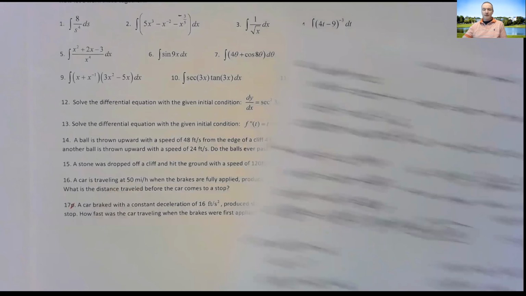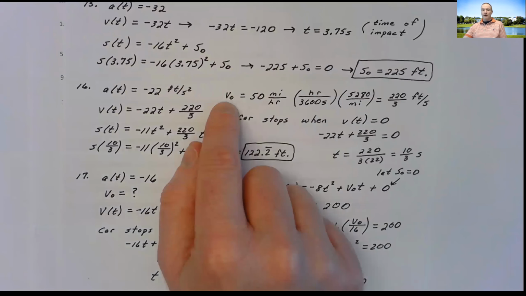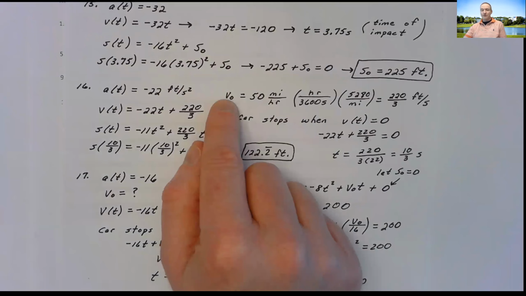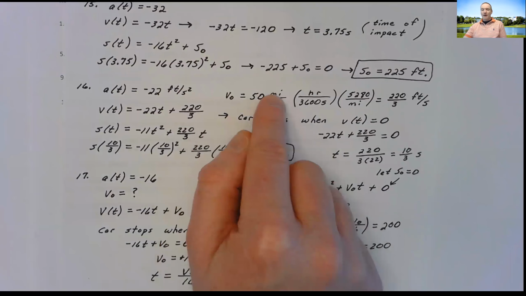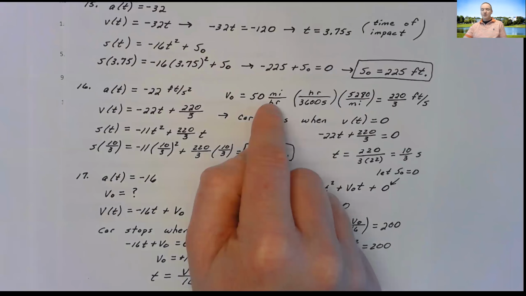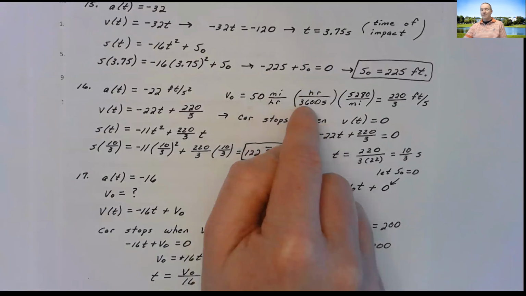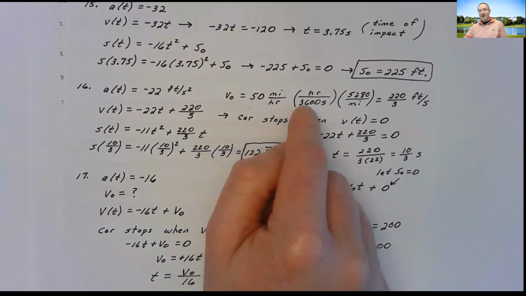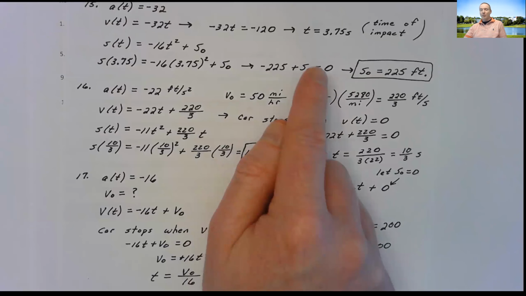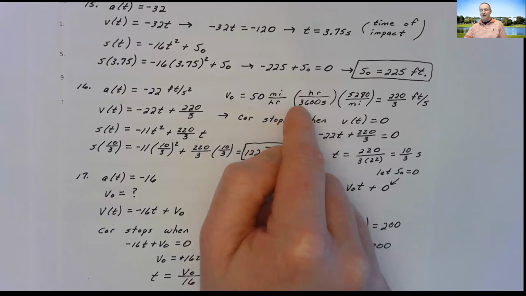So up here, you'll see where I converted that original velocity in miles per hour to feet per second. I just said, well, I need to get rid of miles and I need to get rid of hours. So I need to multiply by hours, and I know that I need to divide by the equivalent of an hour. 60 minutes in an hour, 60 seconds in a minute, 60 times 60, 3,600. So I multiply by 1 hour over 3,600 seconds.